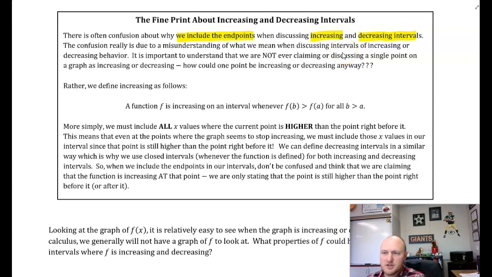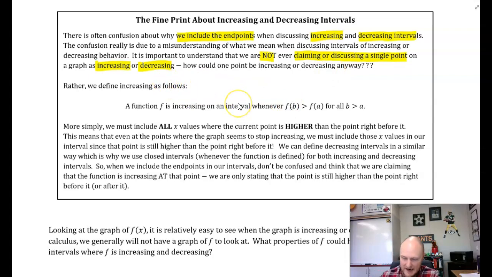We are not ever claiming a single point on the graph is increasing or decreasing. How could one point be increasing or decreasing anyway if we look at specifically one finite point?